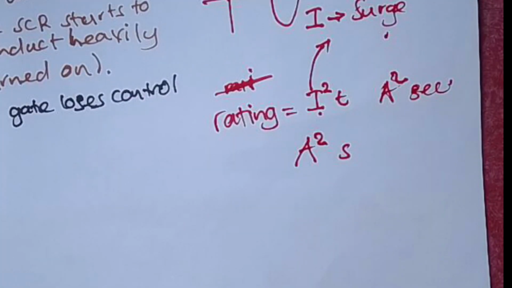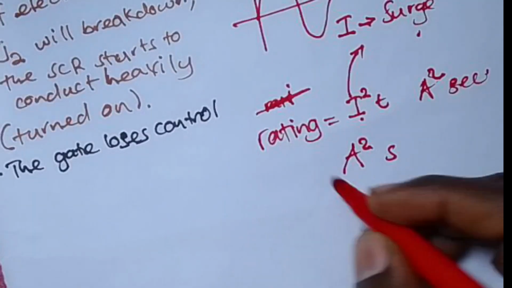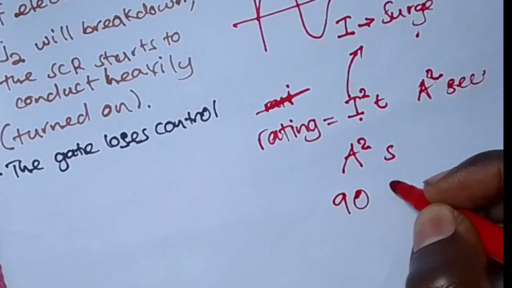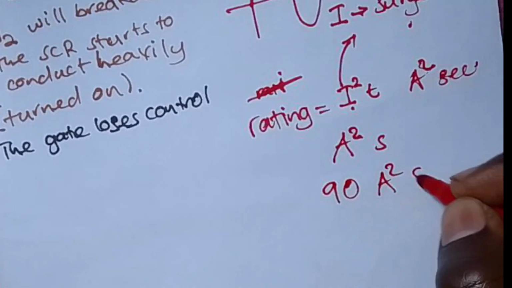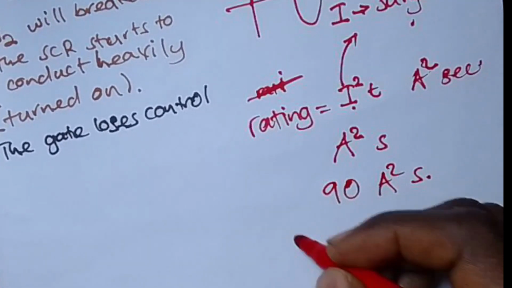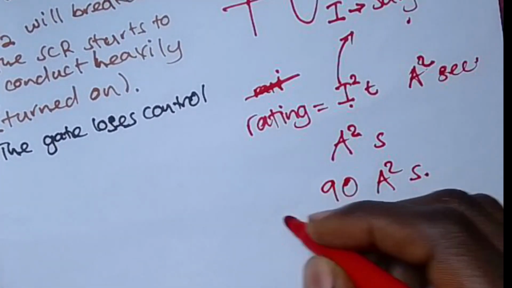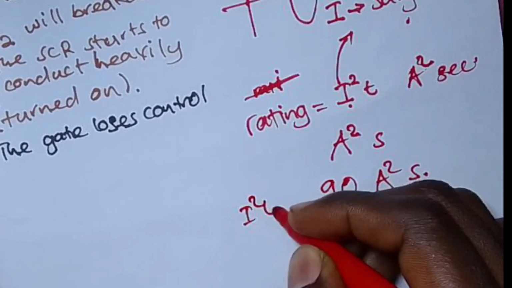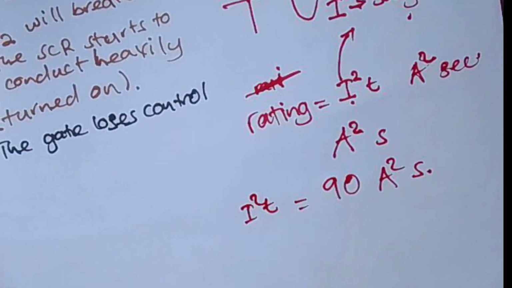by mentioning someone maybe touching a candle. You see, these devices are so unique in that the longer you expose them to too much current, for example, if it is rated 90 square amps a second, meaning it has a certain current I. This I squared T rating is equal to 90 square amps.